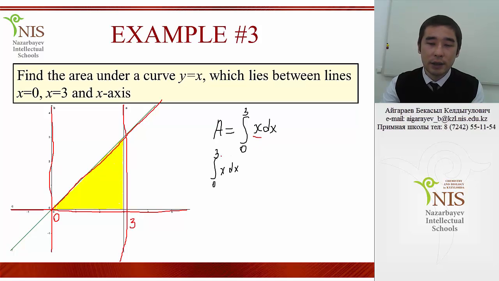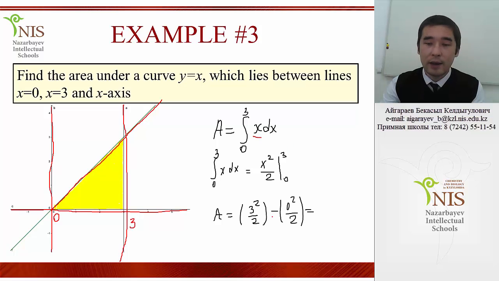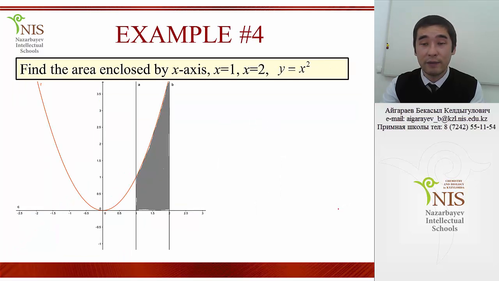First we have to calculate the antiderivative, which will be x squared divided by 2. The limits will be from 0 to 3. First we insert 3 instead of x, and we get 3 squared divided by 2, minus, we insert 0 instead of x, and we get 0 squared divided by 2. When we calculate this we get 4.5.